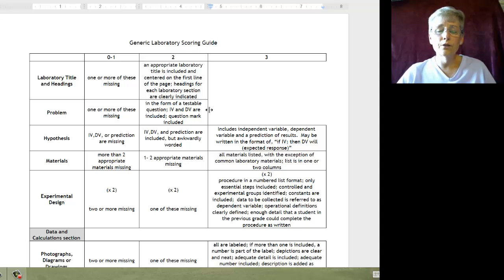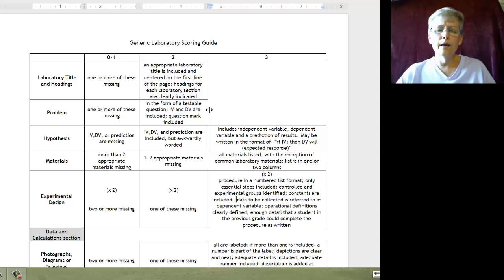Make sure that you're putting the word same in there several times. Then you would have number two, set up your experimental group as follows. A, do this. B, do this. C, do this.